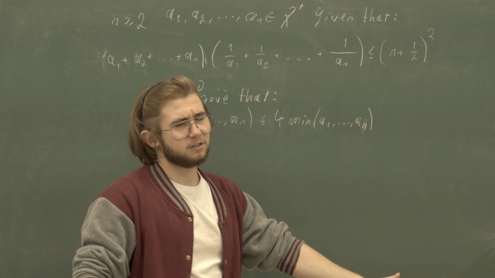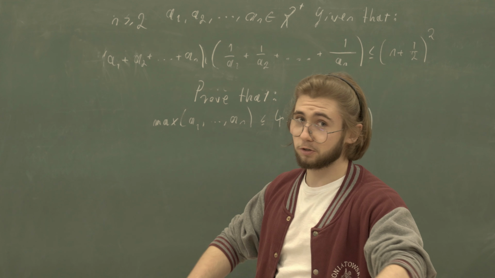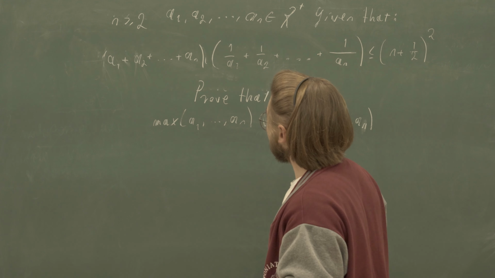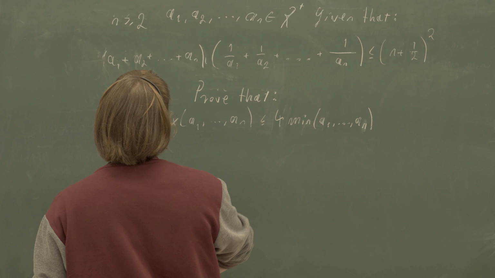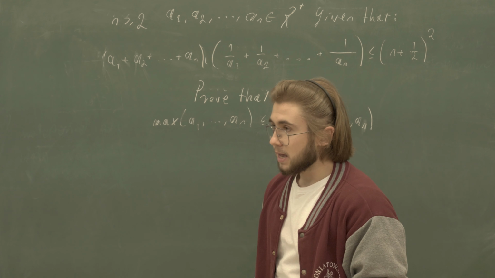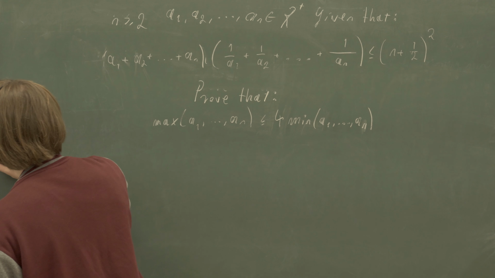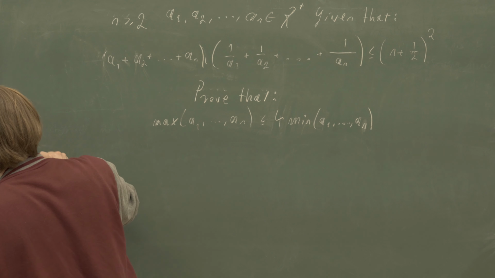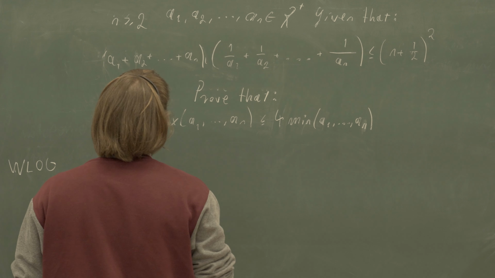And I have absolutely no idea why Americans love maximum and minimum functions so much, but we'll get rid of it in a second. So what I would like to do here, first of all, is get rid of those maximum and minimum functions by assuming, without loss of generality, kind of an ordering here.